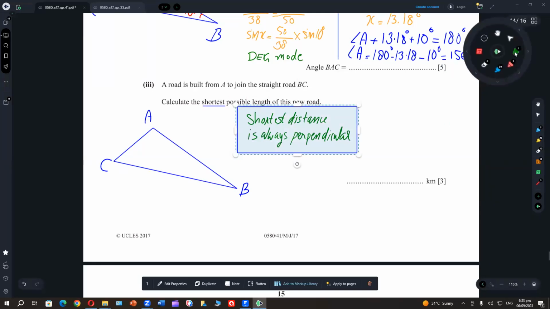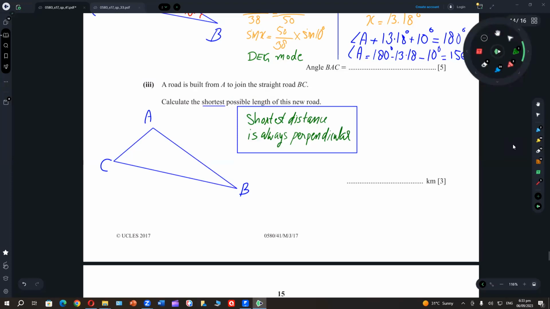Shortest distance is always perpendicular distance.